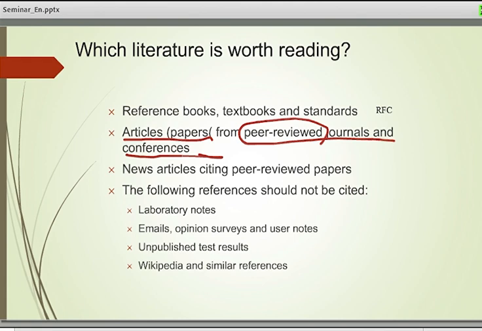Other sources are news articles, but not all news articles. Only news articles that are citing reviewed papers. A news article may be reliable in some sense and unreliable in other sense because news articles are usually written in a different way than a scientific paper.